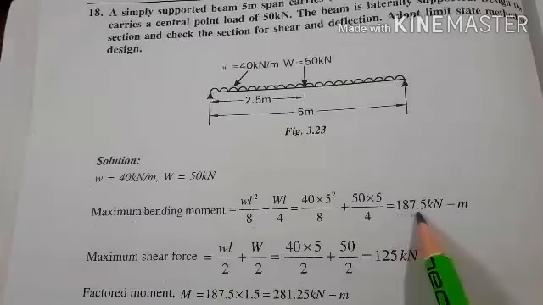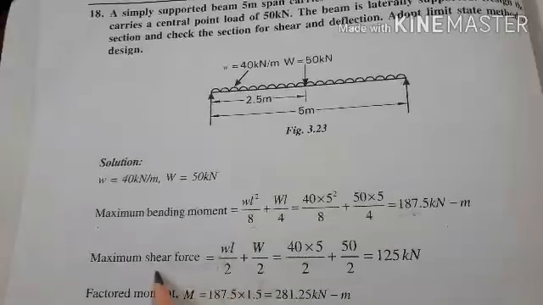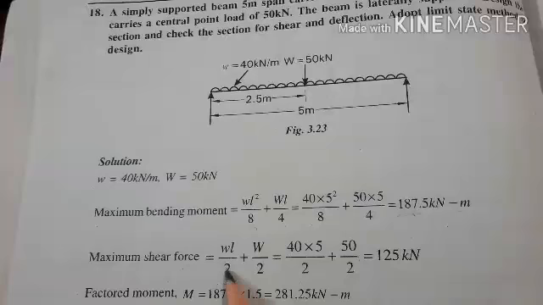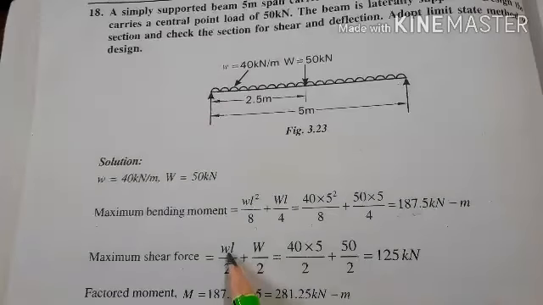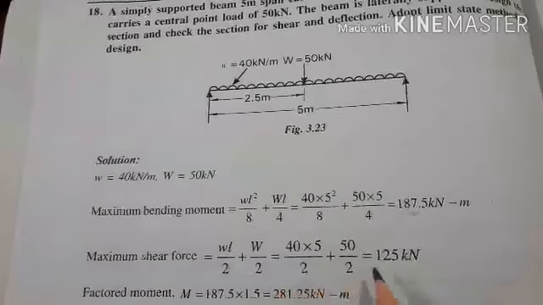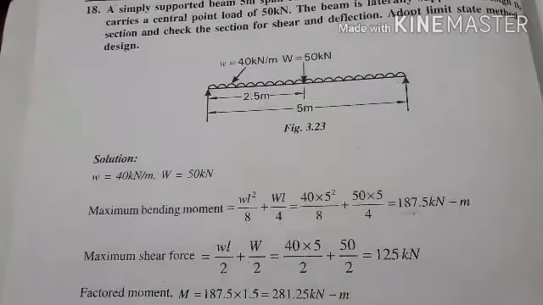This much is the bending moment. Then the maximum shear force, again for the combined effect: this is for the UDL, this much we get as shear force, and for the point load W by 2. Then the total shear force we get is 125 kN.